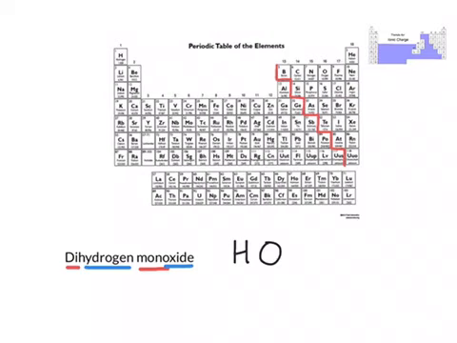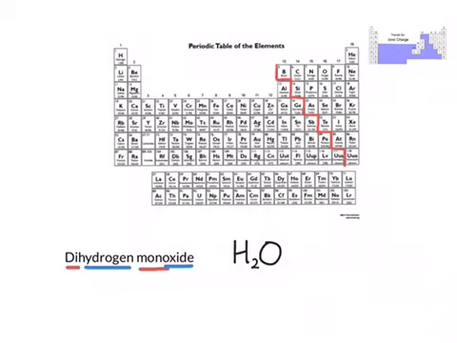When we write this out as our molecular formula, it's going to look a little something like this. Dihydrogen, we have to make sure we write this down as a 2. And for monoxide, you might be tempted to write down 1, but because it's implied that we only have 1 if we don't have anything written there at all, we don't need to write it.